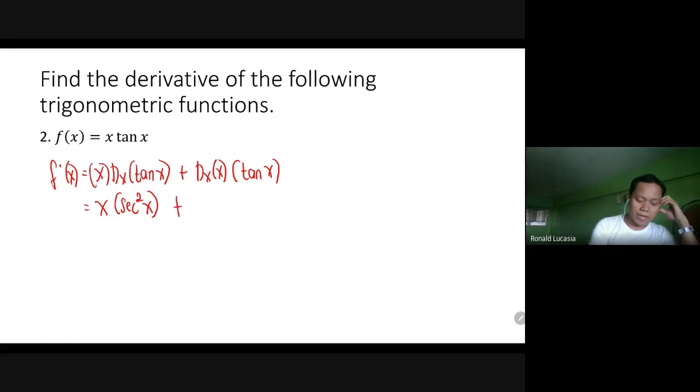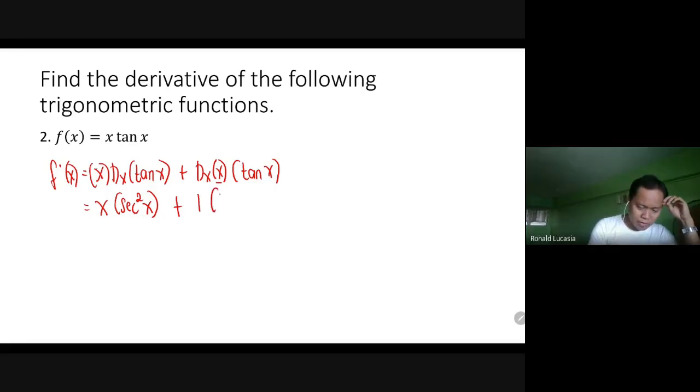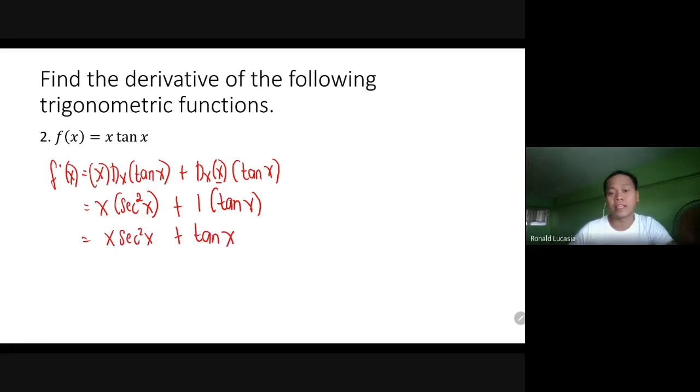What's the derivative of x? 1. So that's 1 multiplied by the tangent x. So we have now x multiplied by secant squared x. That's x secant squared x plus tangent x. So that's the derivative of x tangent x.